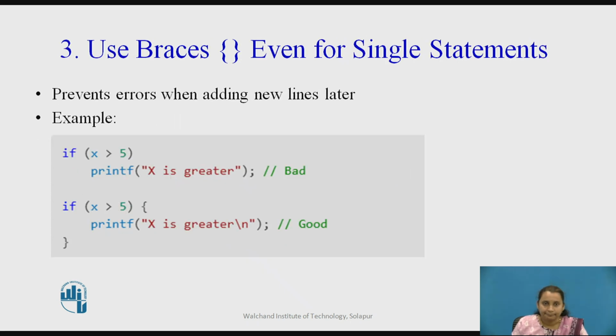Use the braces. When any block starts, for example a function, like the main function we saw in the previous example, when we write int main with opening and closing round brackets, immediately after that we take the curly bracket. What is the meaning of this curly bracket? The opening curly bracket indicates to the compiler that the block of code is started, the block of the if is started.